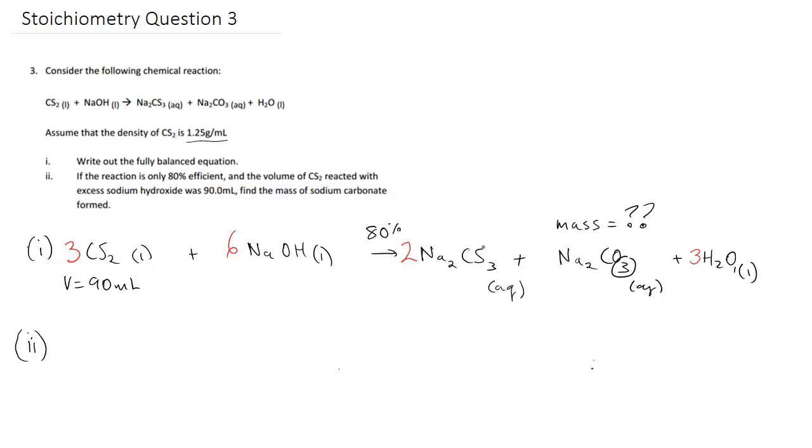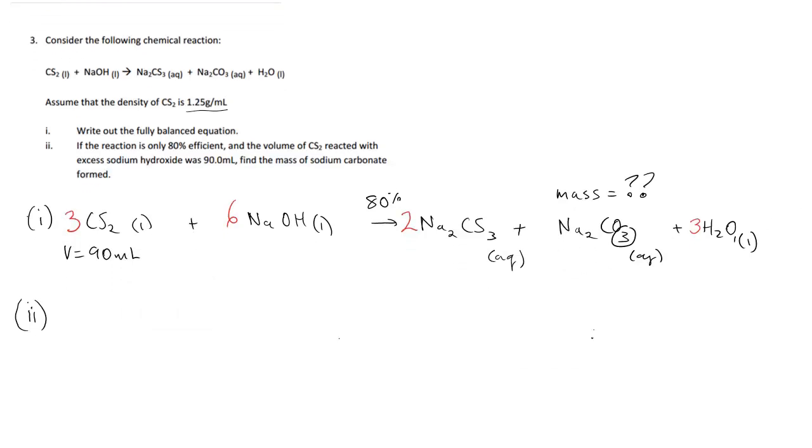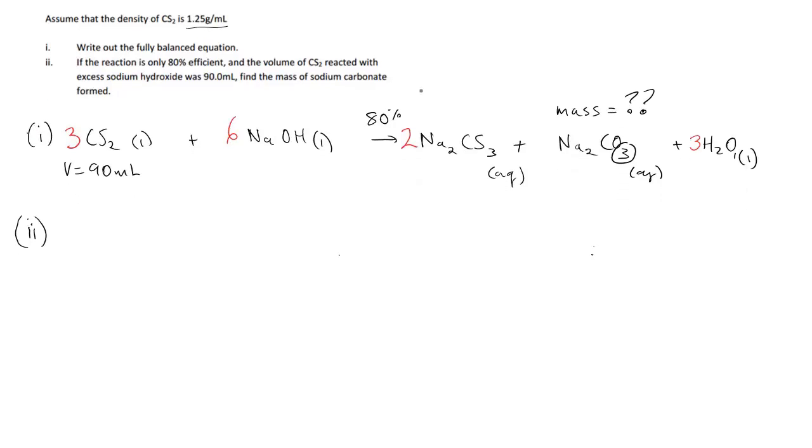We need to find the mass of sodium carbonate. And so therefore, it doesn't tell us about whether it's an enclosed vessel or anything. It just tells us that a reaction is occurring, and gives us a density of CS2. We may need to use the volume of CS2, which is 90 mL.